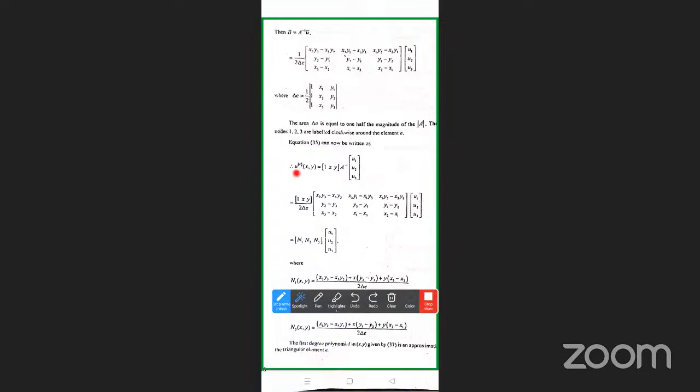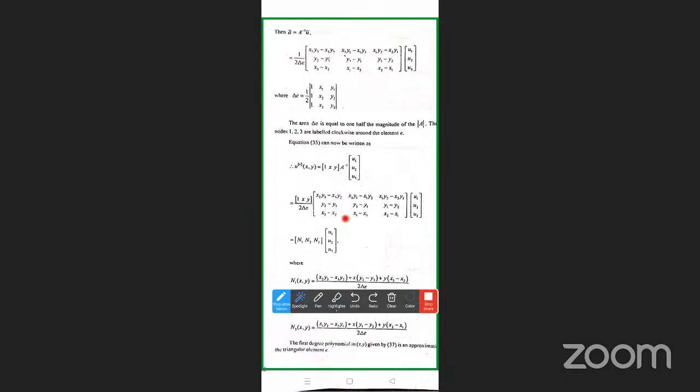So det A is positive when the nodes 1, 2, 3 are taken in the anti-clockwise direction. So directly we can say that u^e of x comma y is equal to the row matrix 1, x, y into A inverse into u1, u2, u3.